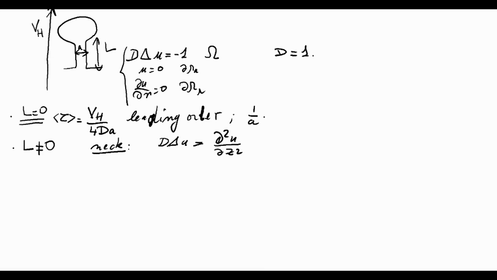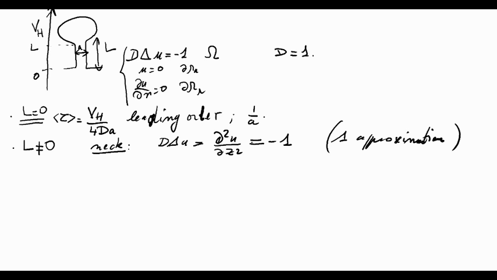This is z, so this is 0, this is the height L, capital L. If we do a 1D approximation, the Laplacian becomes 1D, and this has to equal -1.